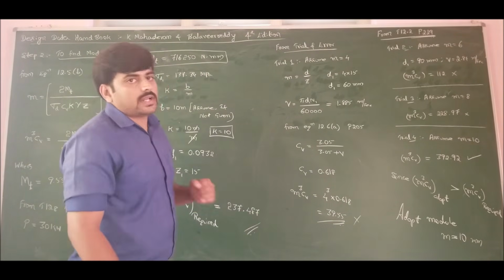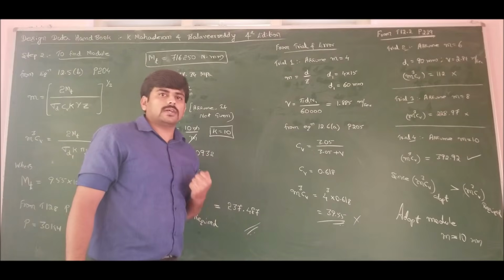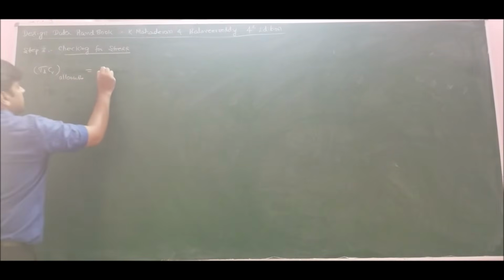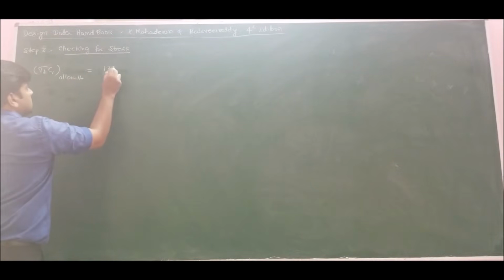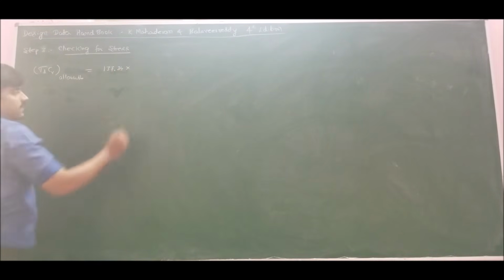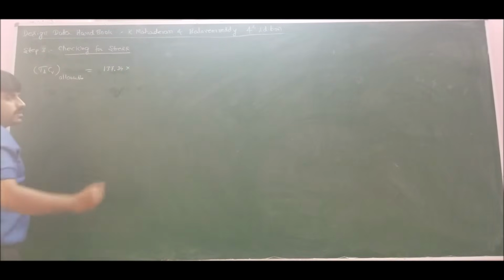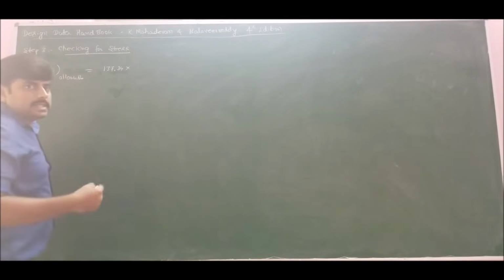Next, moving on to step 3, checking of stress. We know that sigma d CV allowable is given by sigma d1, which is known to us, 137.34, available in the data, and CV is obtained from the module. We have adopted the module as 10 millimeters.